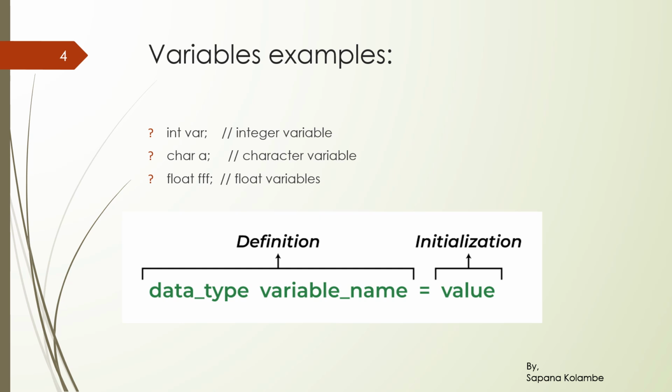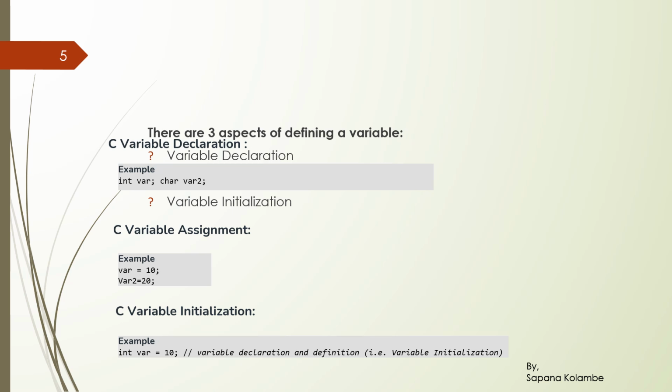In this way, you can define a variable with the help of the data type and the variable name, and when you have to initialize some value, you write equal to the value of that particular variable. There are three different aspects of defining a variable: variable declaration, variable assignment and variable initialization.